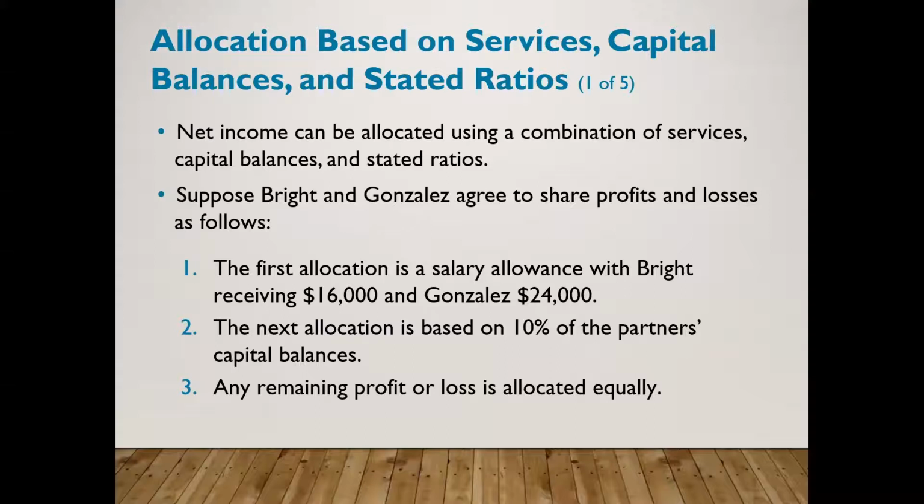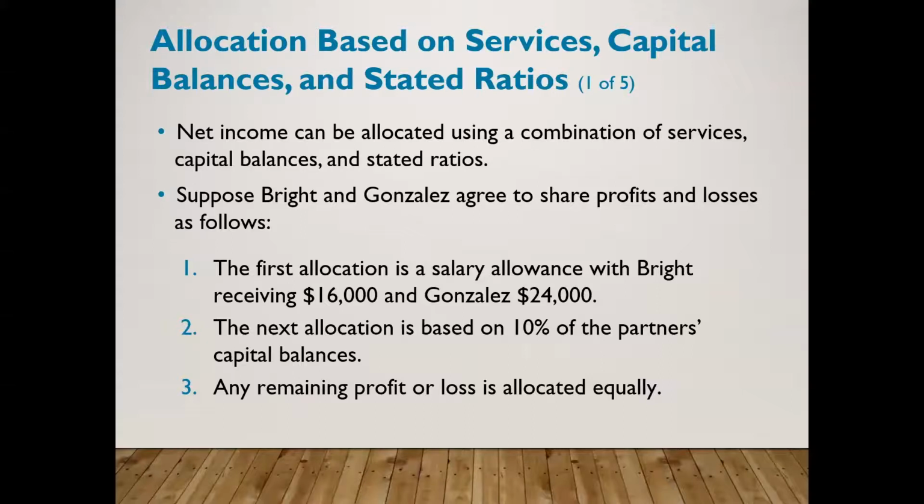Now, as we have seen, allocation of net income can be based on stated ratios or on capital balances. It can also be based on a combination of services, capital balances, and stated ratios.